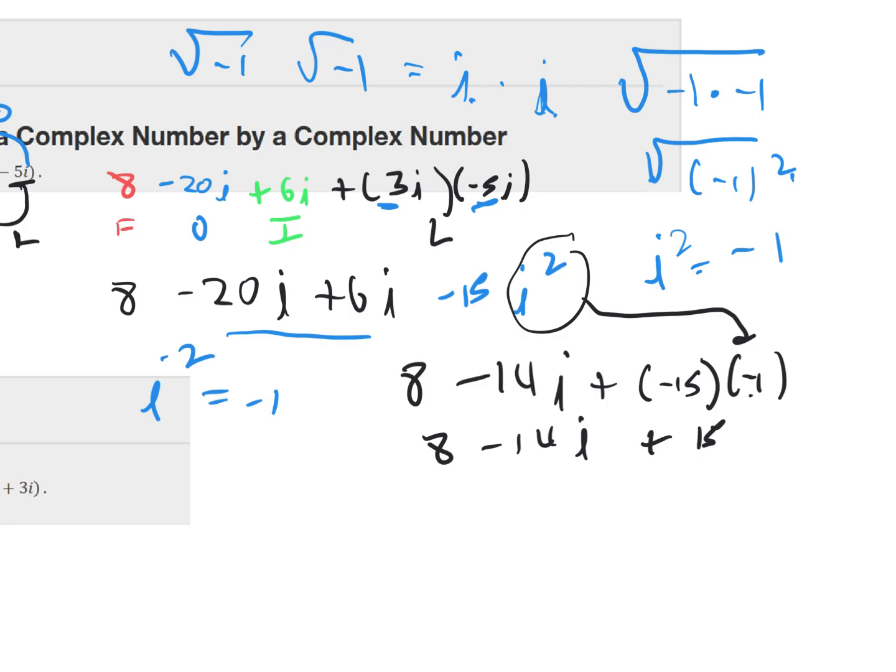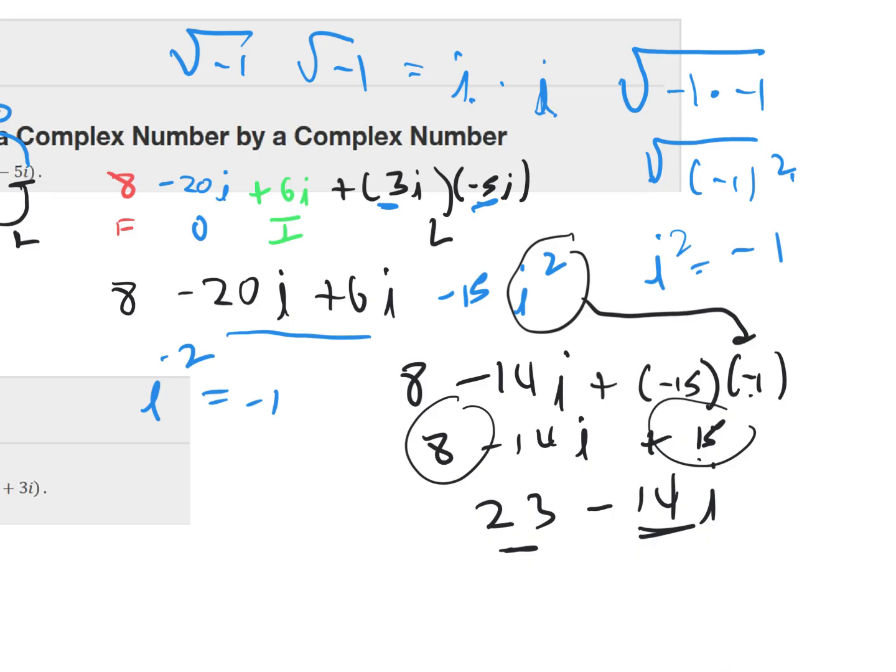And if you look carefully, 8 plus 15 go together. My real number is 8 plus 15. That's a 23 minus 14i. There's your real number. There's your imaginary part. That was a lot harder than anything we've done today.